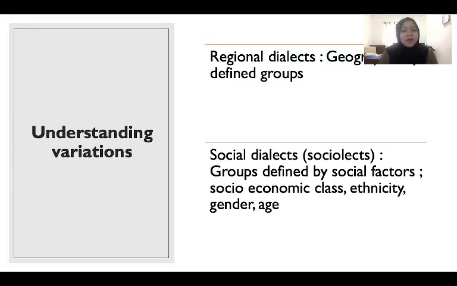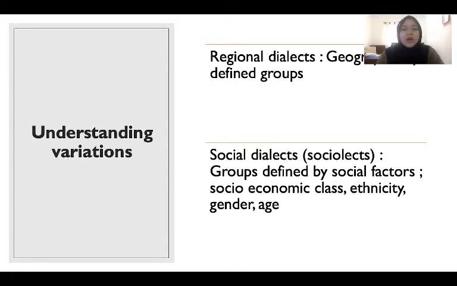understand what is variation. So last class we have identified what are social dialects. Okay, so social dialects, also known as sociolects, means groups defined by social factors. It can be from different socio-economic class, whether it's high or low, ethnicity, gender, and sometimes even age.